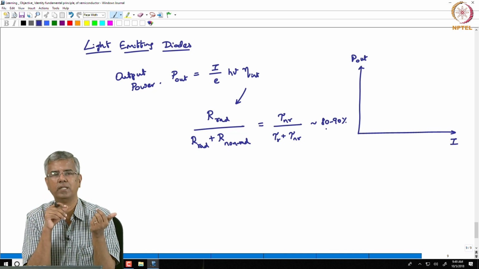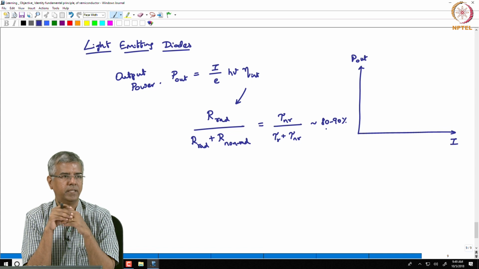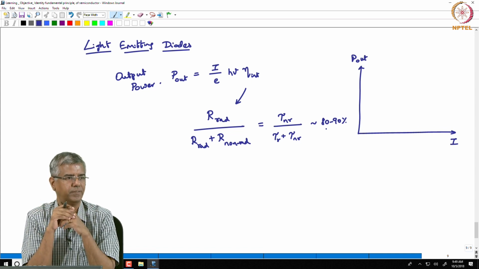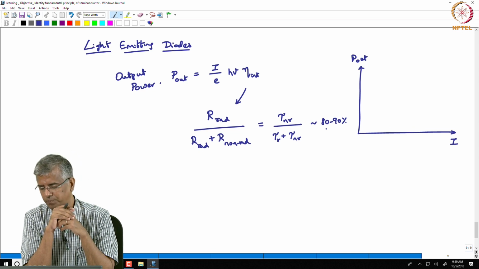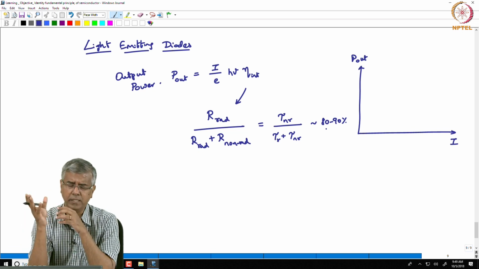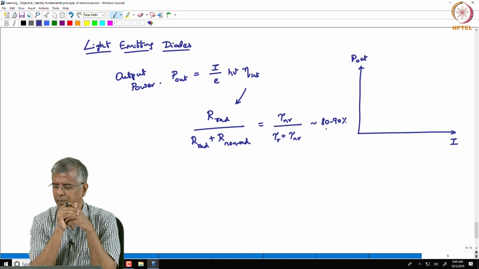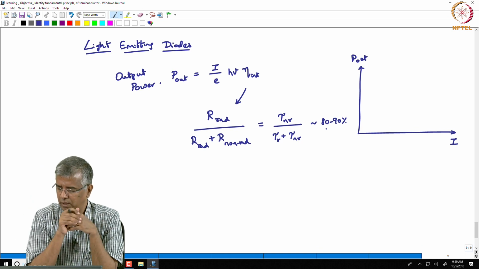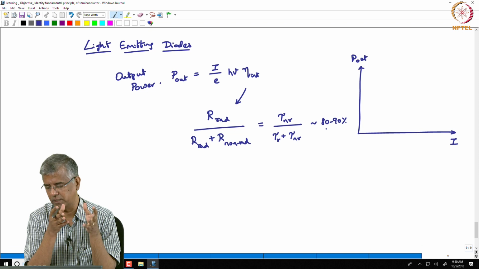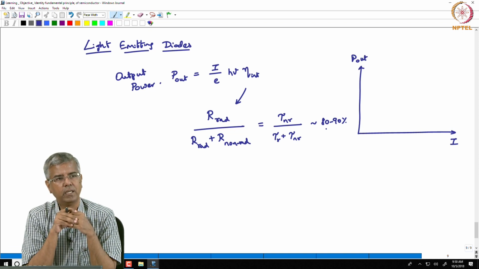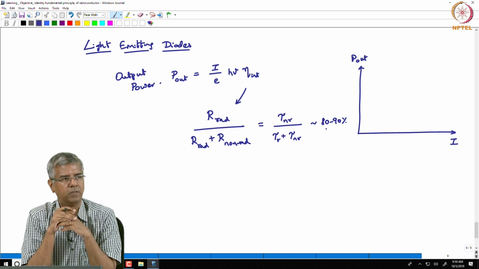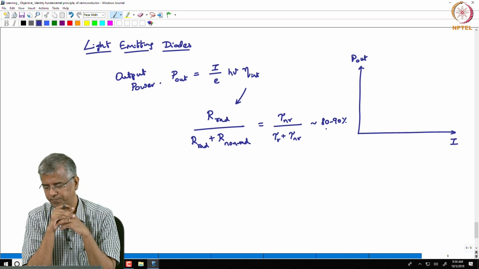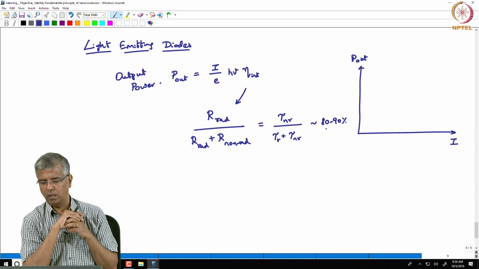In fact, a few years ago the Nobel Prize was given to the person that invented this gallium nitride material for light emission. These are typically gallium nitride based LEDs, which is once again a direct band gap semiconductor, and because of which the radiative efficiencies are much higher.